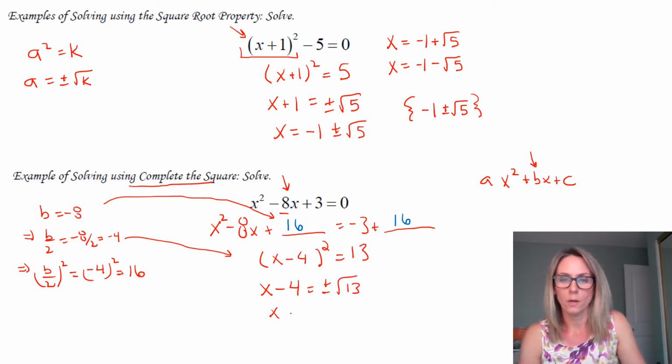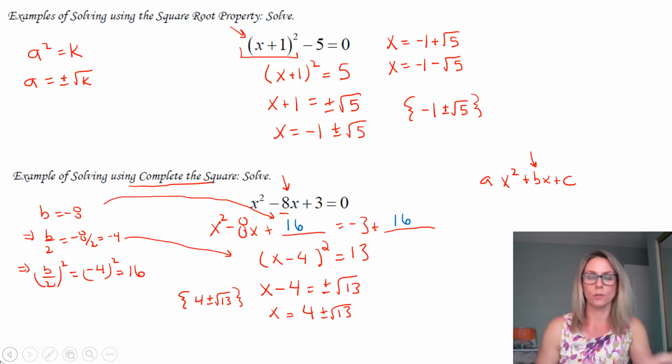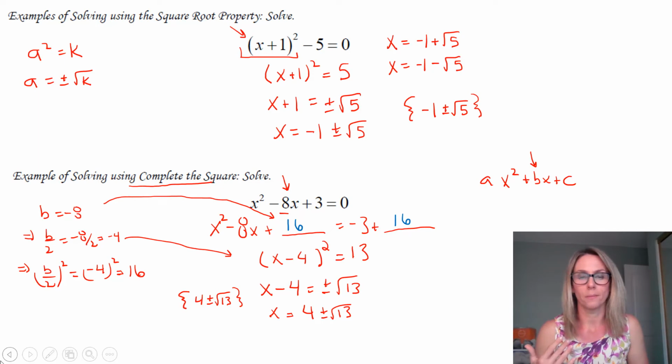And like we had before, we're then going to add that 4 to the other side so that we have x by itself. That is 2 solutions, don't forget that. And that's going to give us 4 plus or minus the square root of 13 in our solution set. And those are our 2 solutions, again, using this method called completing the square.